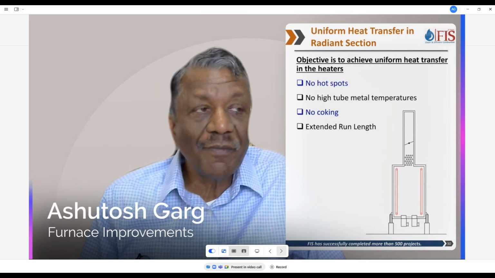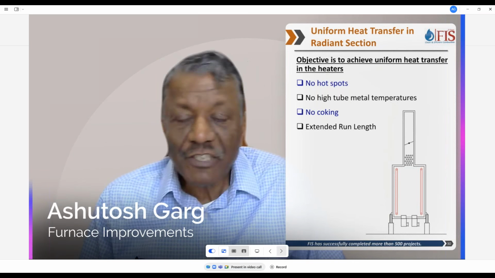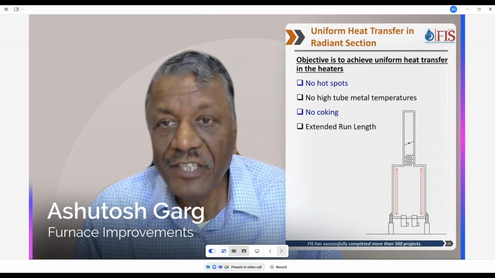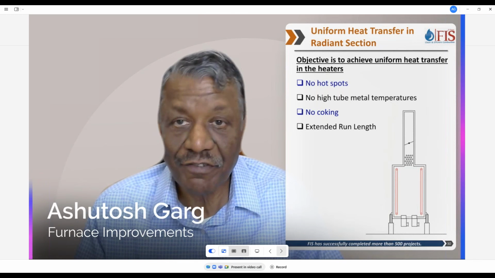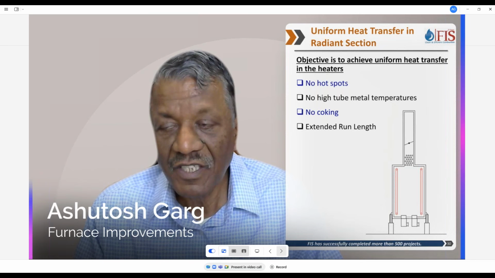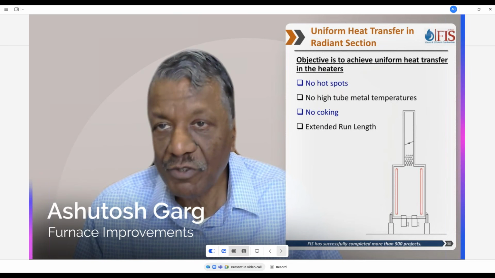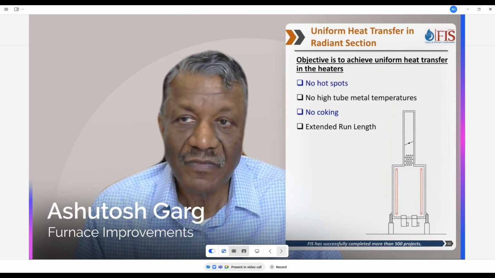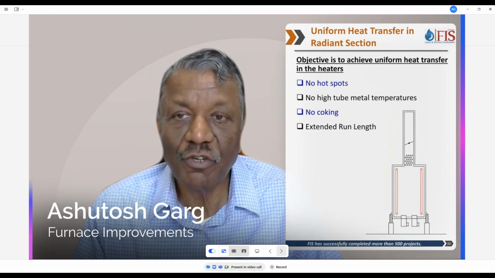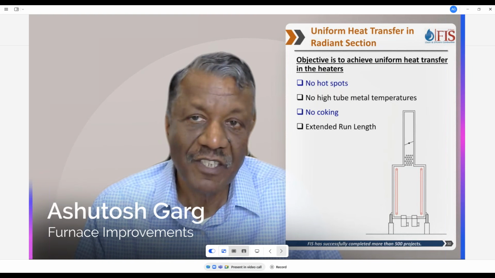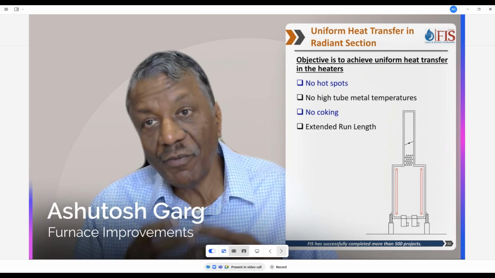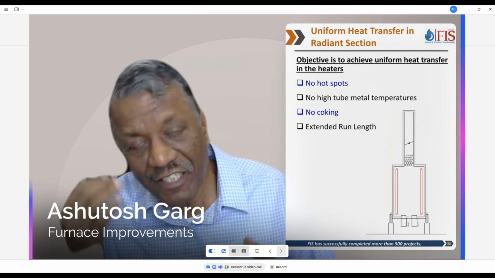So uniform heat transfer. Actually, if we can achieve uniform heat transfer in fired heaters, we won't have a job anymore. Most of the problems relate to non-uniform heat transfer. And to me, uniform heat transfer in radiant section is like a mirage.